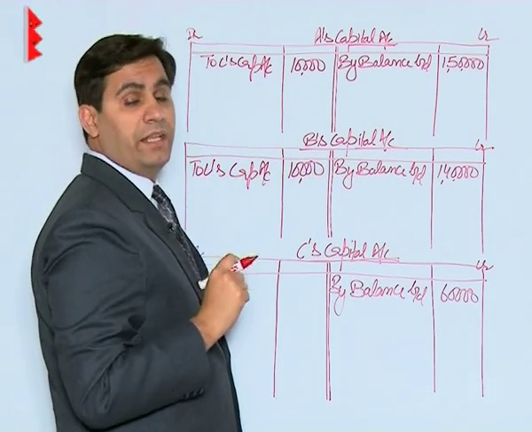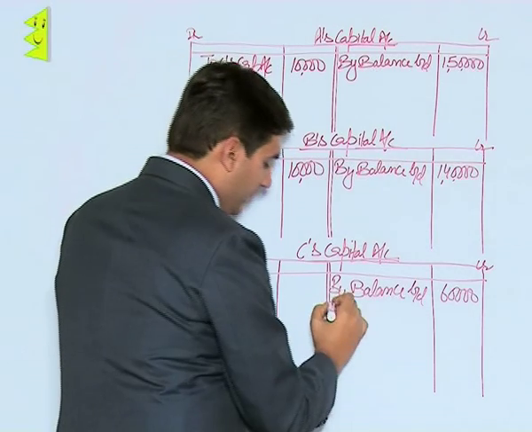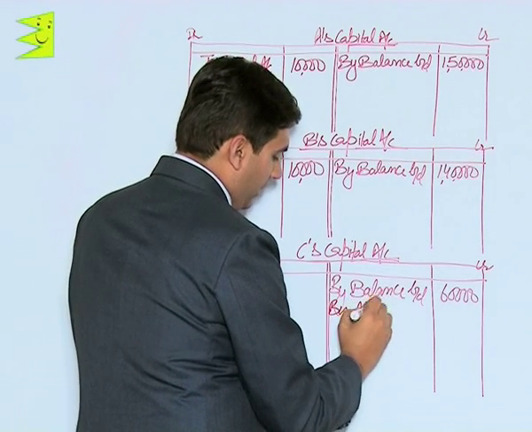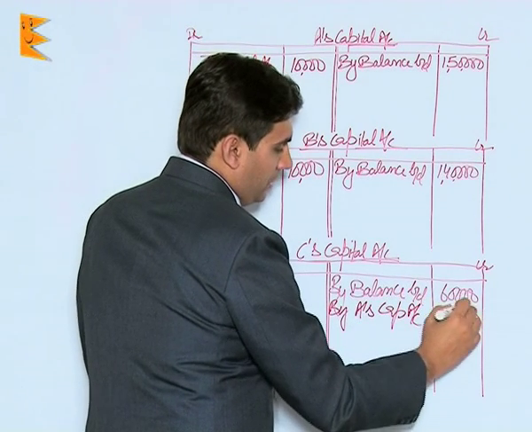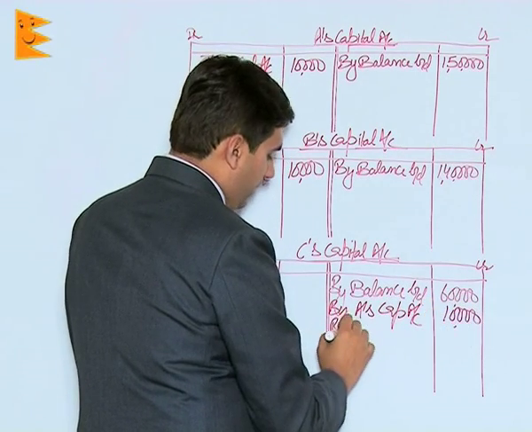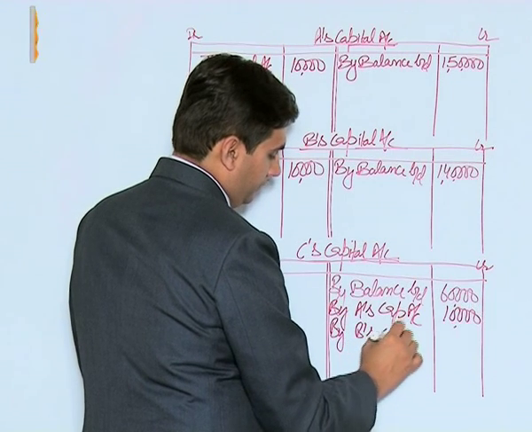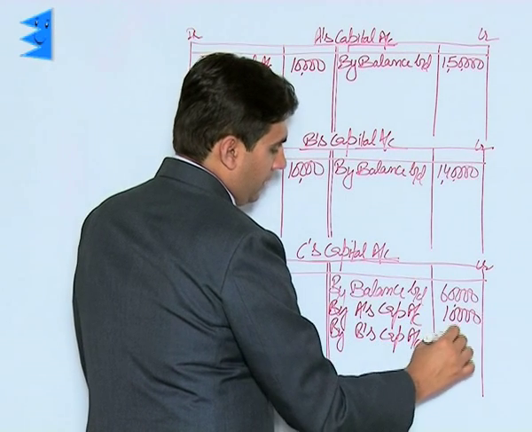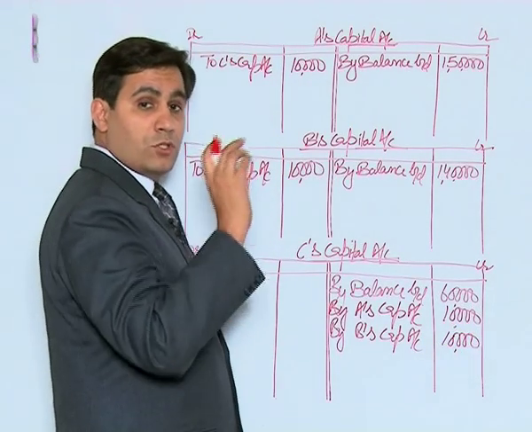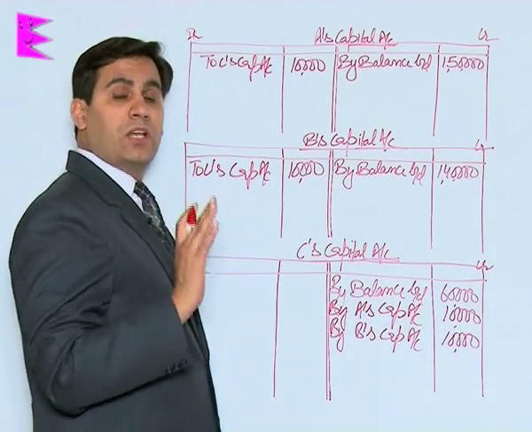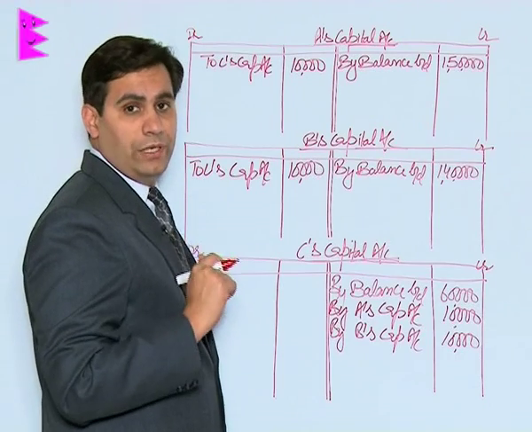But in that journal entry, C was being credited. So on the credit side of C, by A's capital account, 10,000, and by B's capital account, 10,000. Okay students, so what we have done is we have posted the journal entry regarding goodwill.